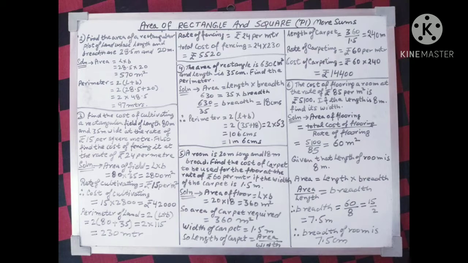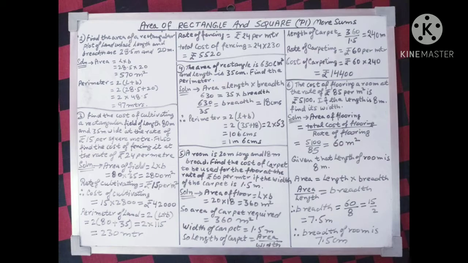Length of the room is equal to 20 meters and the breadth is 18 meters. So the area of the floor of the room where the carpet is to be laid will be 20 into 18, that is 360 meters square. So area of the carpet required is 360 meters square.